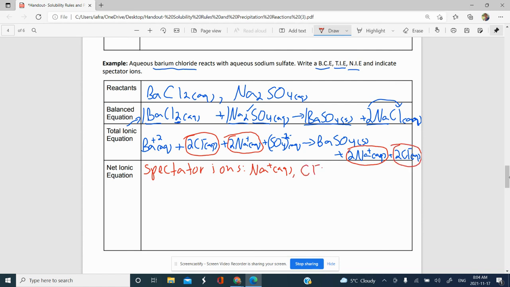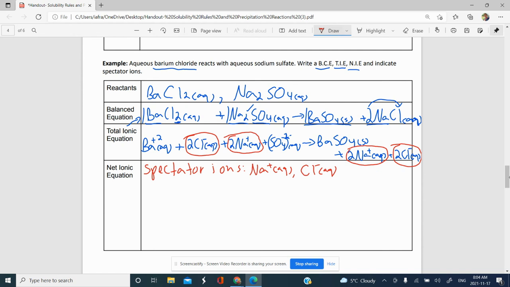So the Cl- (aq) also repeat, and they are our spectator ions. It looks like that's about it. And a quick way to identify your spectator ions is by simply looking at what's in the precipitate. So the barium and sulfate are in the precipitate. They are your ions that are involved, and everything else must be spectator. So we're on the right track here. We can remove the chlorines from both sides and the sodium from both sides.